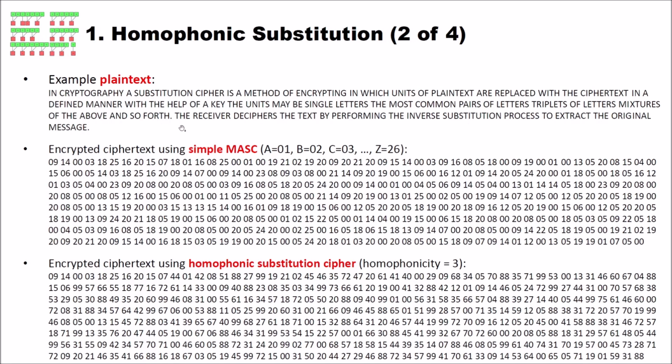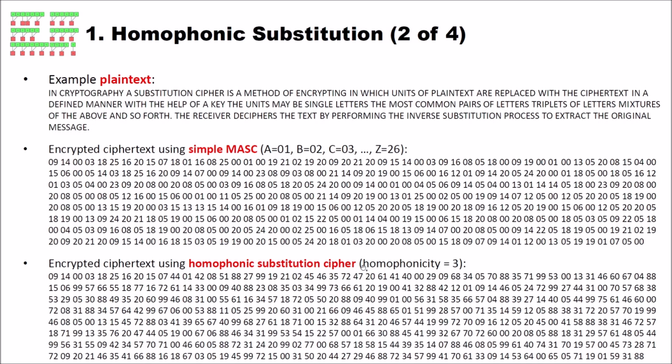And we encrypted the text using this key. We did the same with the text here, but with a homophonic substitution cipher with a homophonicity of 3. Homophonicity of 3 means that we have 3 choices for each of the alphabet letters. So we have 3 ciphertext symbols for A, 3 ciphertext symbols for B, and so on.